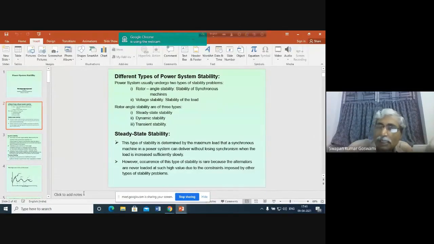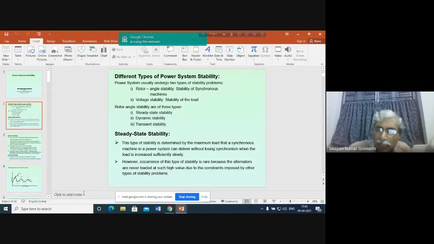That's why it was defined as the ability of the generators of the power system to maintain synchronous operation after a disturbance. But later on, it was found that stability is not lost only by the inability of the generators to maintain synchronous operation. It may be lost because of the inability of the system to maintain voltage as well.